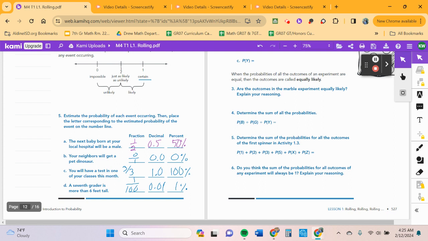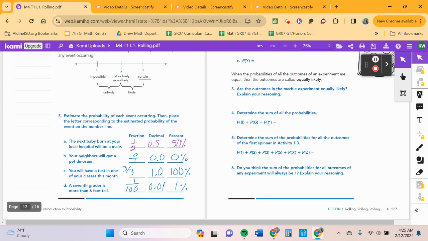And then 5D says a 7th grader is more than 6 feet tall. What is the chance of that? Well, it's not totally impossible, but it is rare to see a 7th grader more than 6 feet tall, but it is possible. So the fraction I put was 1 out of 100.